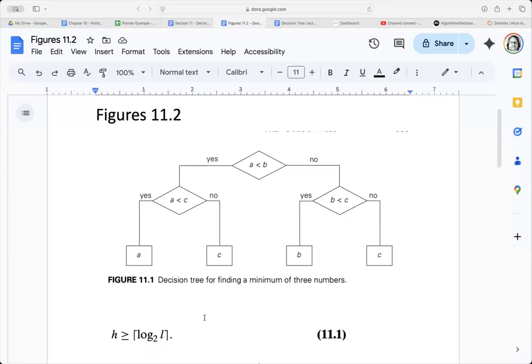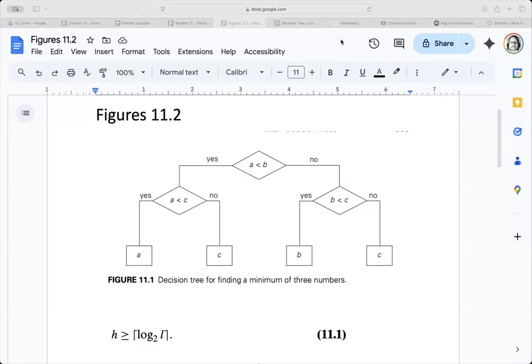And from that, the book has this equation 11.1 that says that the height of this tree has to encompass all of the possibilities. They're binary trees, so it's a power of two. So we know that the height of the tree is greater than or equal to the ceiling of the binary log of L, L being the number of outcomes that are possible.